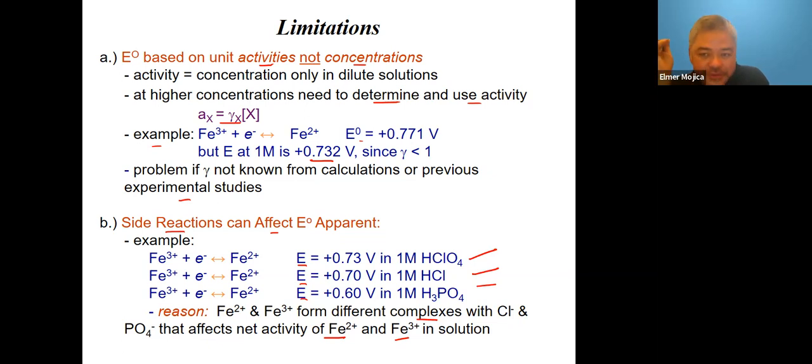But if we look at them in detail, you will see that there are really some problems. What we thought was the activity, the concentration, if you look at the cell potential, it's not really the one that we assign. There are some factors that we have to consider.